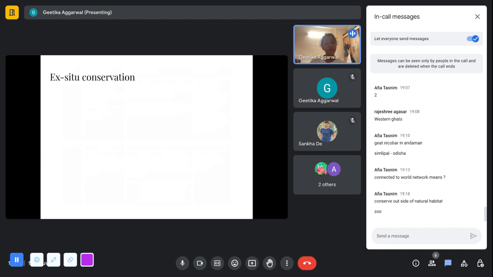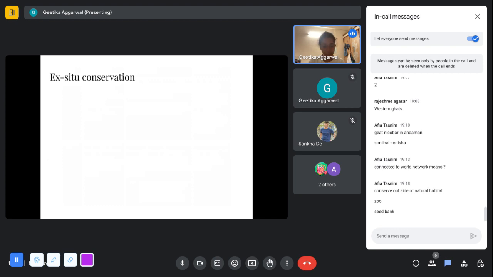There is a zoo, yeah, and what else? There are other examples of ex situ conservation. There are botanical gardens, seed banks, correct? Okay.